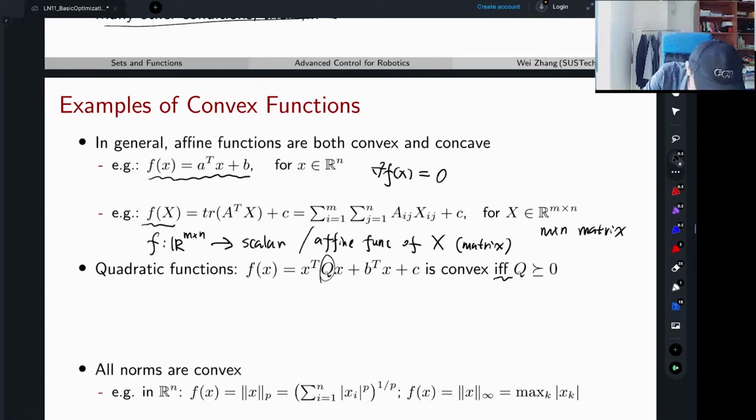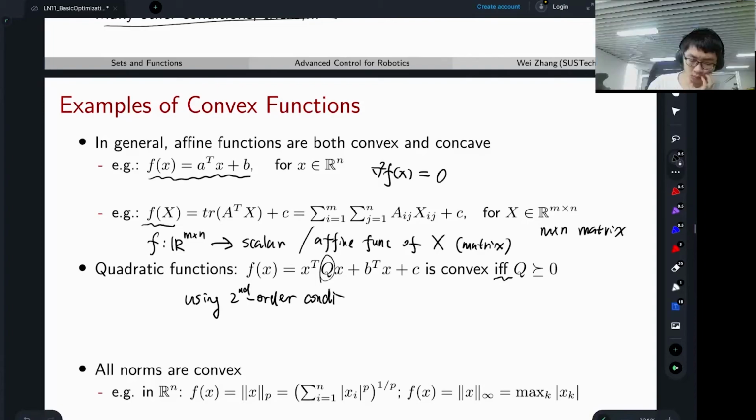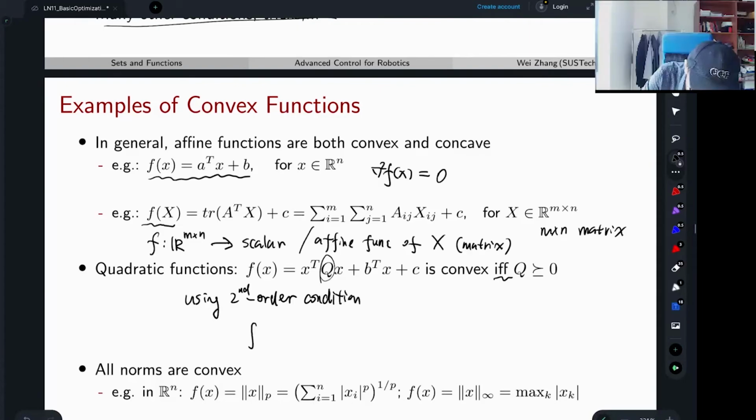This can be verified by using the second order condition.